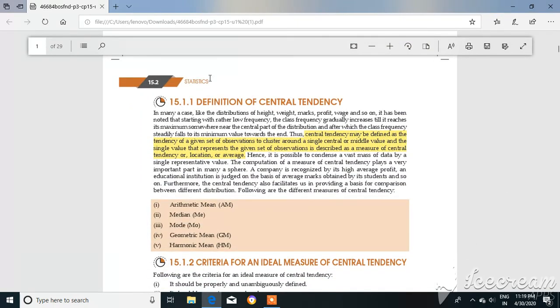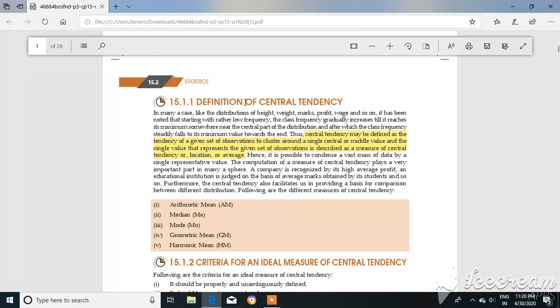Now the next point is definition of central tendency. Now what the central tendency is, I said in statistics two measures are important. Those two measures are measure of central tendency and measure of dispersion.